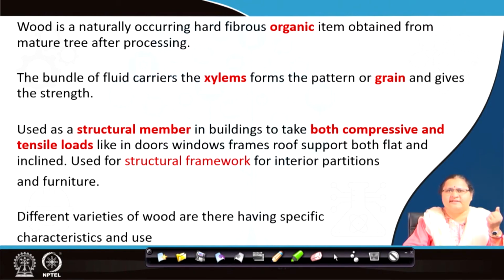As you all know, these are called xylems. Xylems and phloems actually form the conducting system of a live tree, and these are fibrous. These fibers move together, and as a whole they form a bundle which also has strength. It gives strength to the tree.